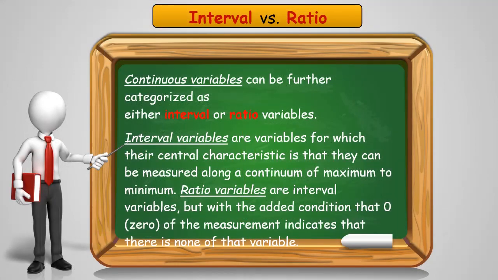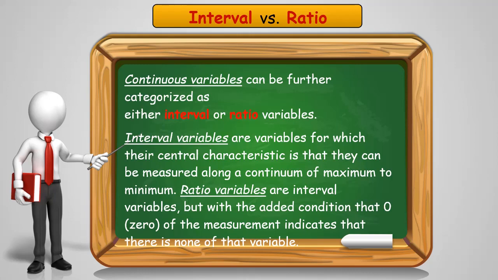Now this can get a little confusing. A continuous variable can be further categorized into either an interval or a ratio. Interval variables can be measured along a continuum from a maximum to a minimum. Ratio variables are also interval variables, but with the added condition that 0 as a measurement indicates that there is none.